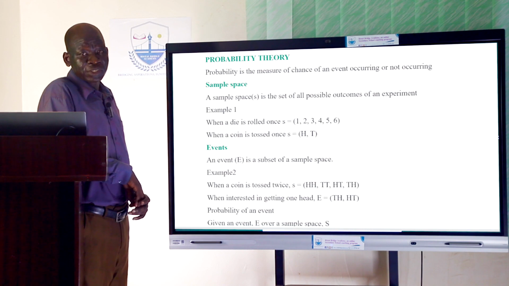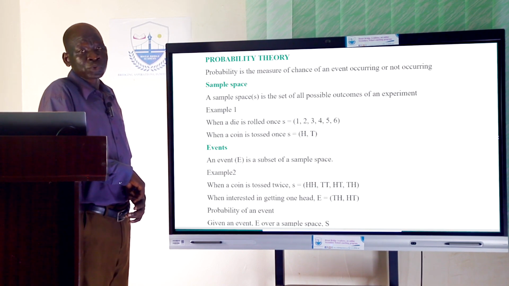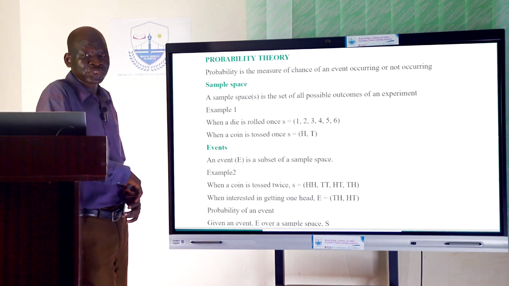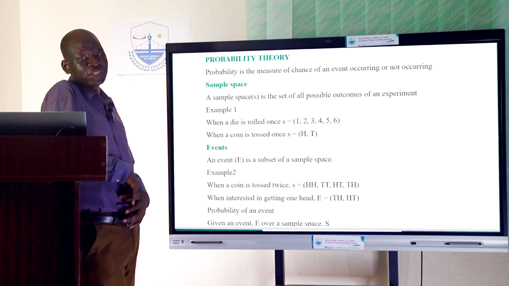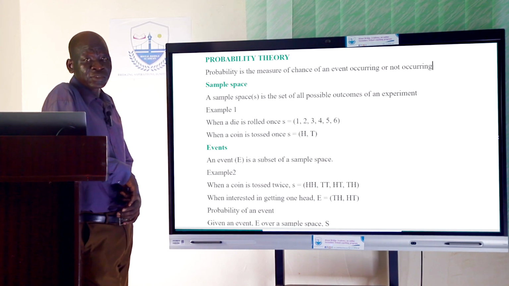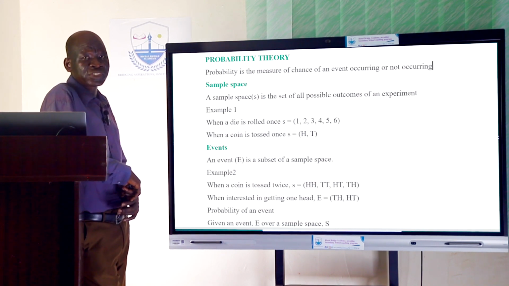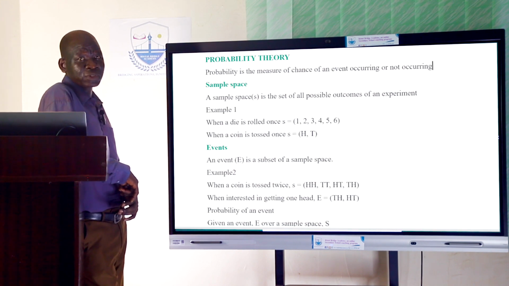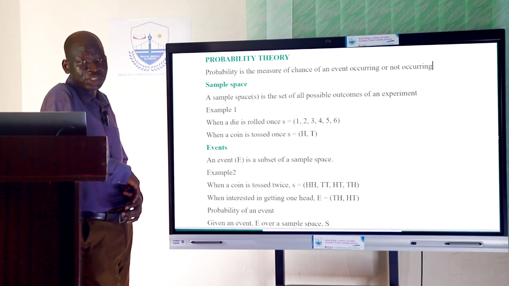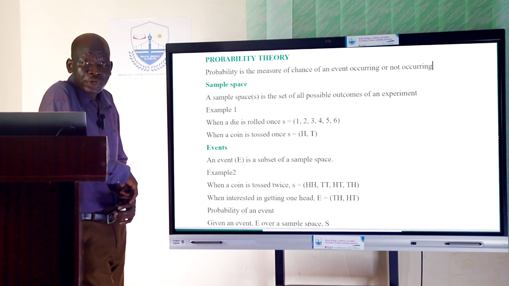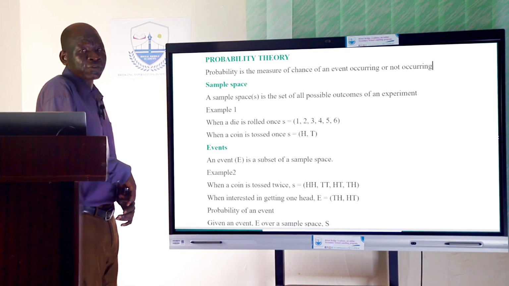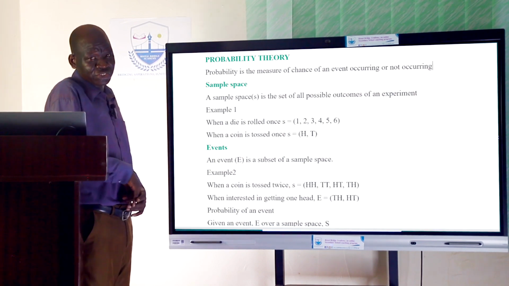the sample space will be equal to the numbers which appear on the faces of the die. The die consists of 6 faces labeled from 1 up to 6, that is 1, 2, 3, 4, 5, and 6.